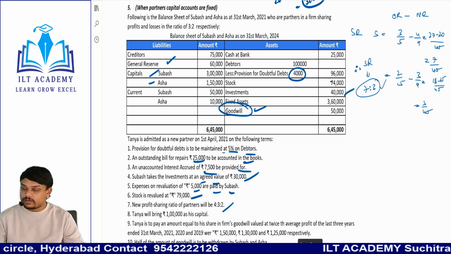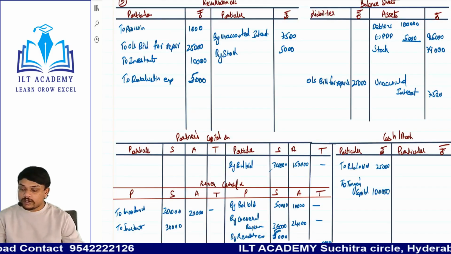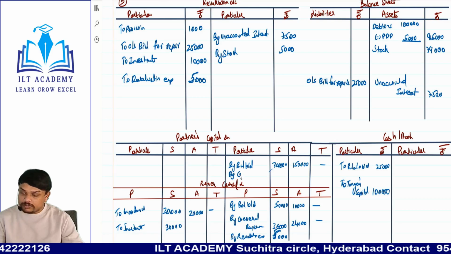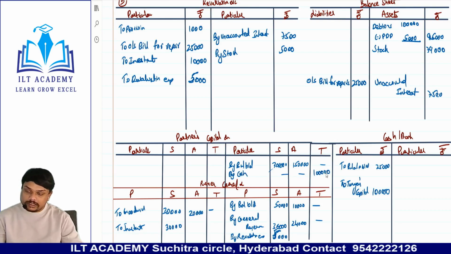Sorry, mistake. The only thing which comes in the capital accounts is the new partner bringing the capital by cash. Tanya's capital account, 1 lakh.